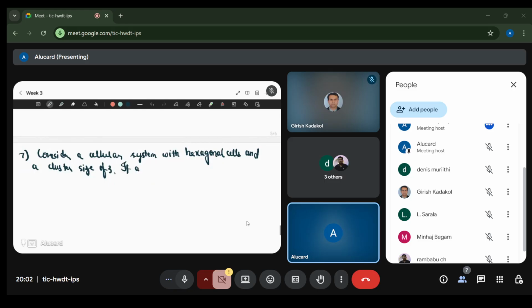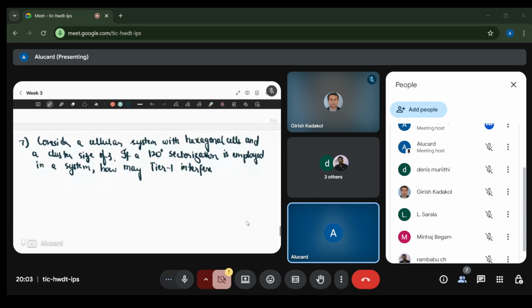If 120-degree sectorization is employed in a system, how many tier 1 interferers will be present in a worst case scenario.